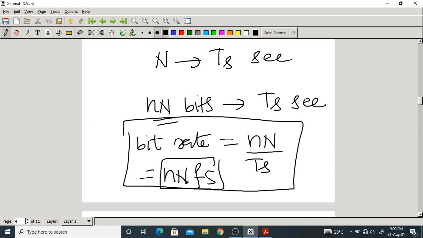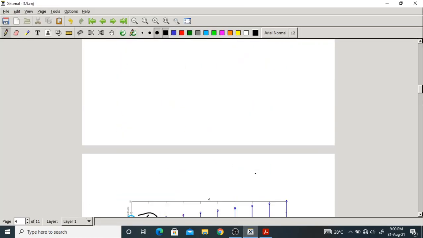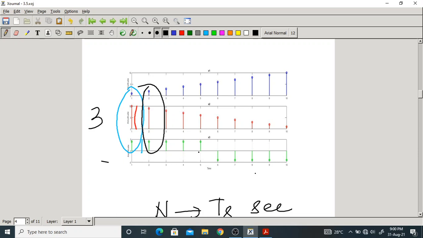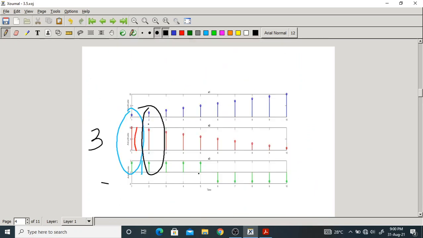Now what advantage is there? If you transmit directly, you could transmit only one of these 3 signals. But with the help of TDM, we are transmitting 3 signals during the same time interval. You observe these 3 are multiplexed. How?